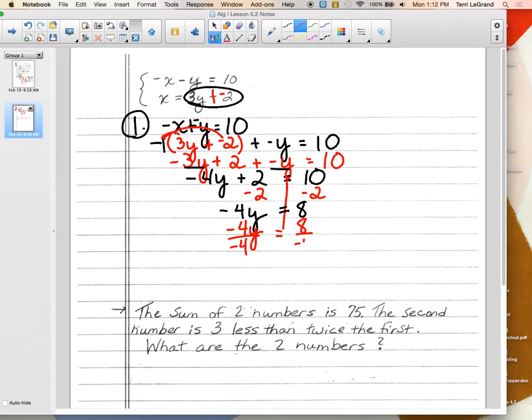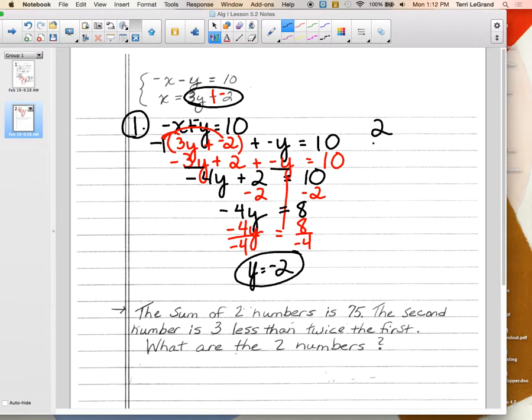Y equals negative 2. And we find out that our solution for y is negative 2. So this time, we temporarily eliminated the x's so we could figure out what y was equal to. Any part of that we should talk about? No.